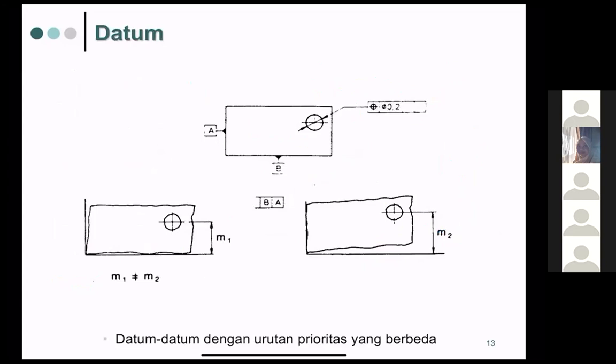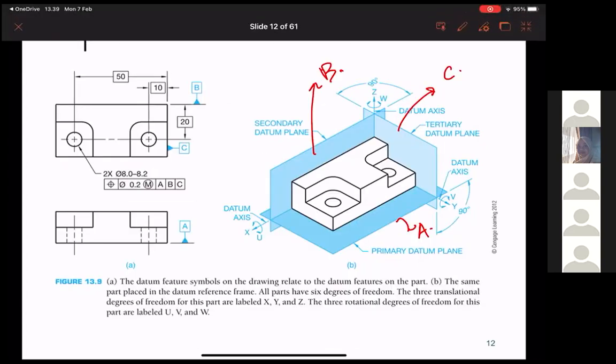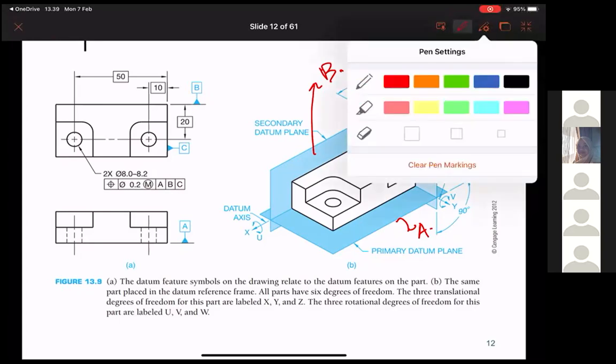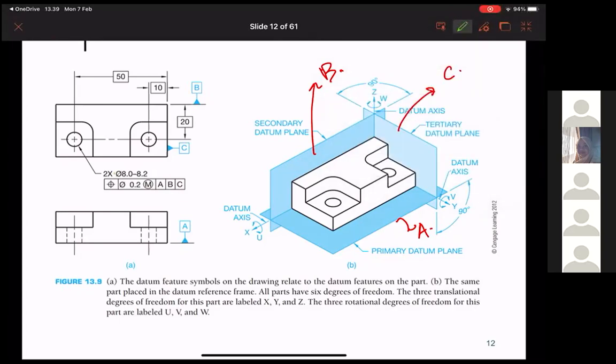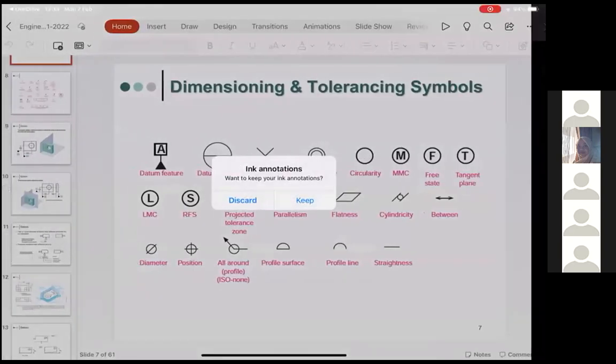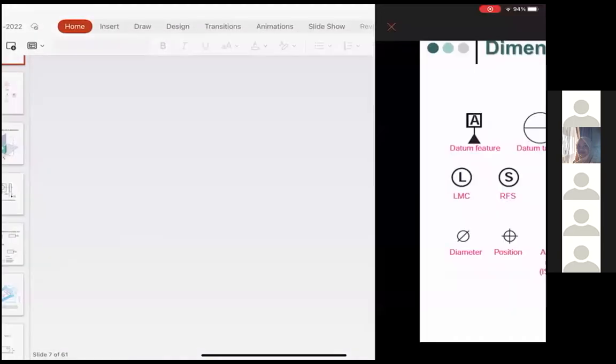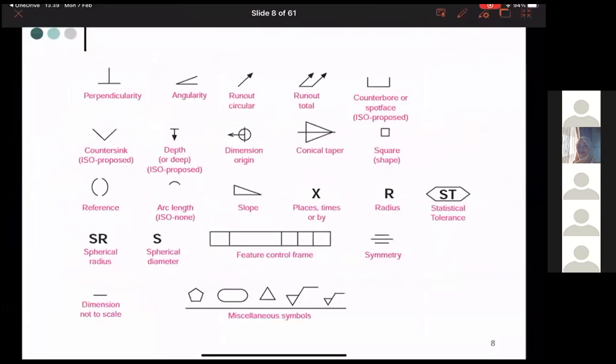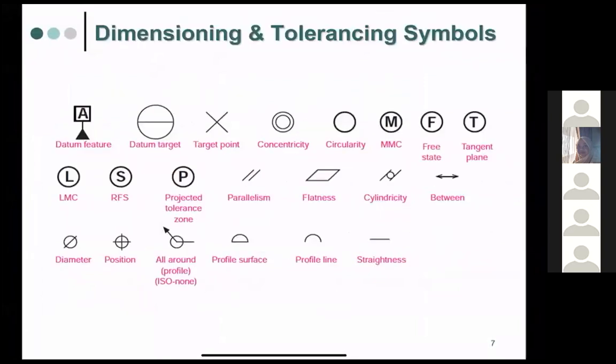Okay, so for example, this one just tells you how to write this one. So sorry, this one is called the center point. And then if you look at the previous slides, there are so many symbols. There are datum features, concentricity, circularity, and so on.